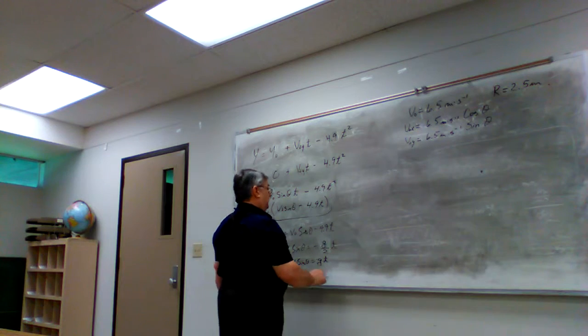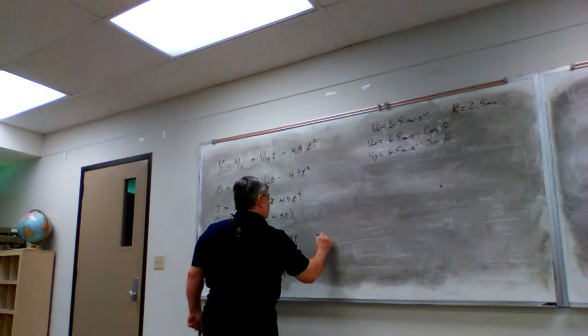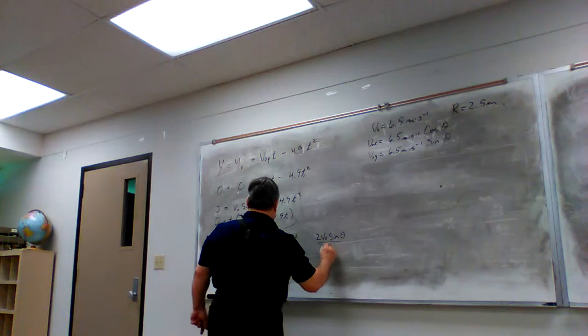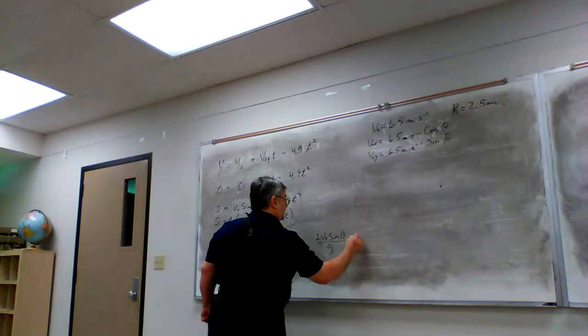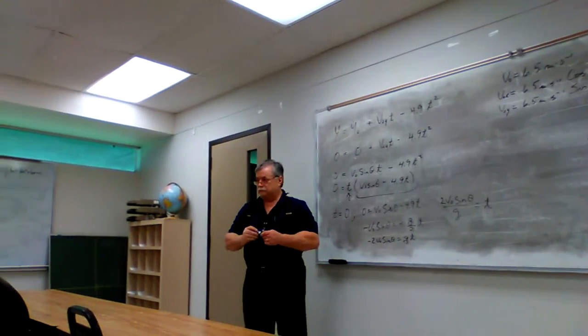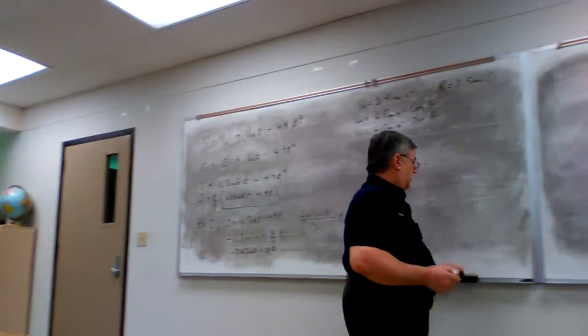Divide both sides by minus g and we get 2 v sub naught sine theta divided by g equals t. Okay? That's the first part.